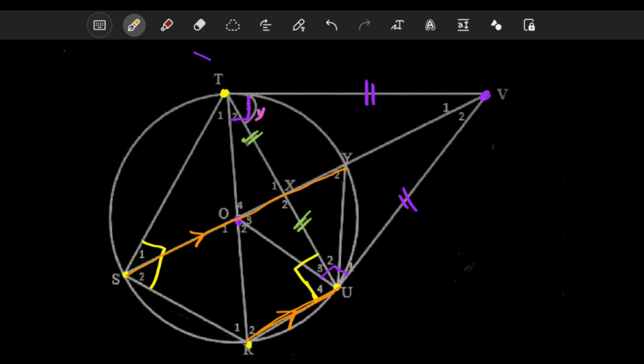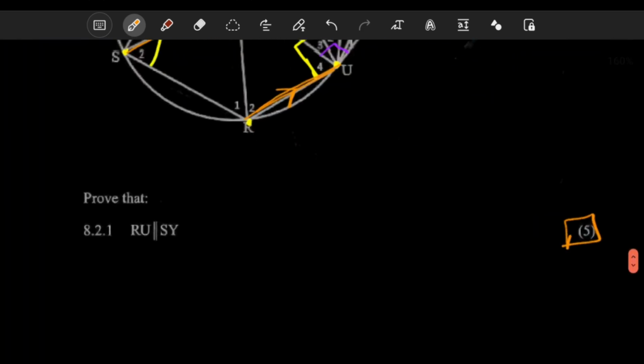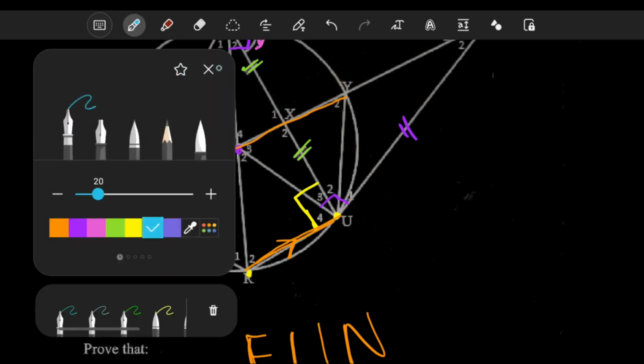It's almost like they're telling us they're parallel, so we should just look for the reasons why. My go-to for proving parallel lines is definitely FUN. I'm going to put here F, U, N. There we go. So what do you do when you're trying to prove that lines are parallel?